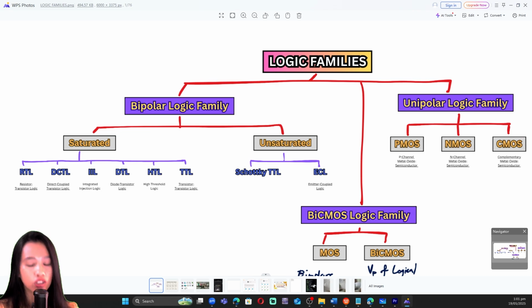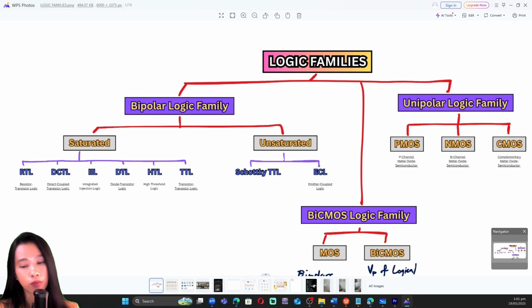Mas useful siya sa pagdadrive ng mga ibang gates, yung higher current drive natin. Ang sa bipolar logic family, they also have lower input impedance, meaning mas nakukuha niya, they tend to draw more current galing dun sa preceding stage. So, for example, if meron tayong circuit beforehand, mas nakakakuha siya ng mas maraming current from there.